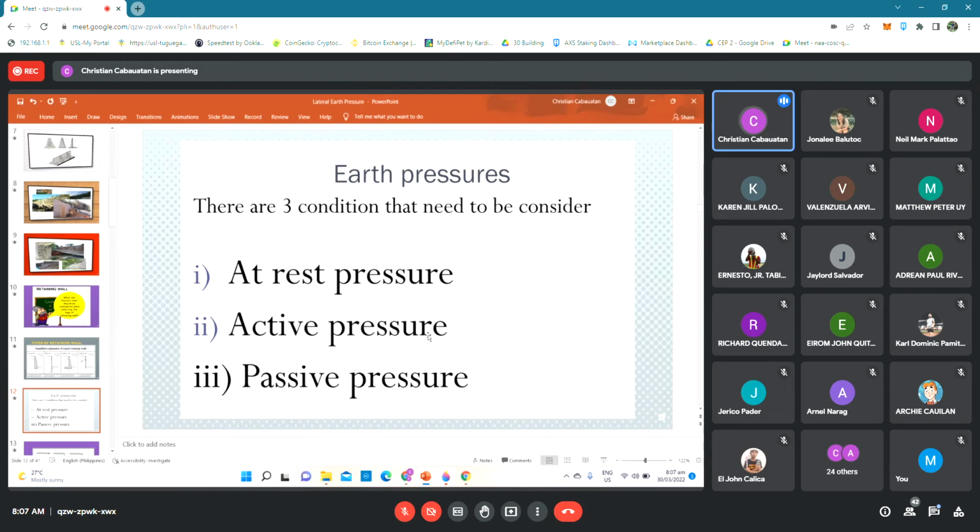Okay, active pressure. What is the difference with the passive pressure? Okay, and what is the movement in active pressure and what is also the movement in passive pressure. Okay? So yun. Yun yung the three conditions you would consider.